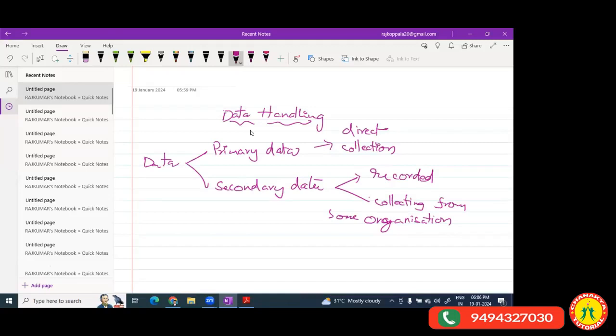From that record we can get the rainfall for the last 5 years or 4 years, whatever it may be. That type of data is called secondary data. Understand?